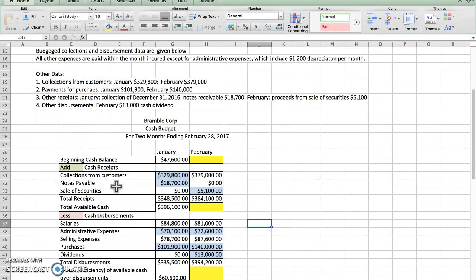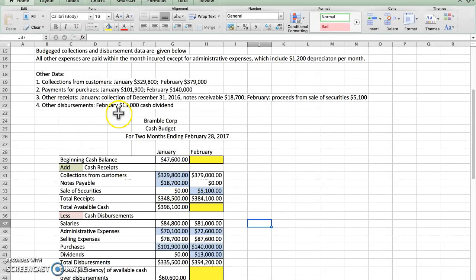Notes receivable, here in January, that's what we received from our customers that still owed us from December. So that was $18,700. And in February, we're not expecting to receive any of those right now. So we put a budget of 0 there.